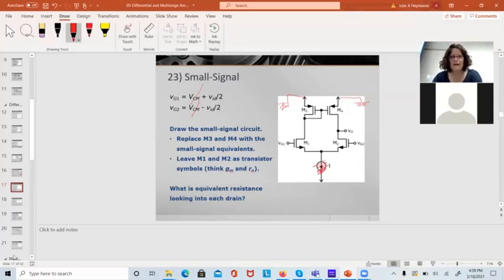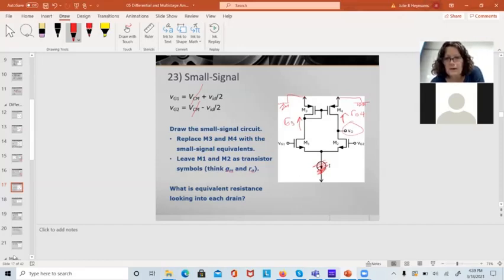And then my gain is going to be looking into the drain of this transistor. What I see is RO4. Looking into the drain of this transistor, I see RO3 in parallel with infinity, so this is still RO3.